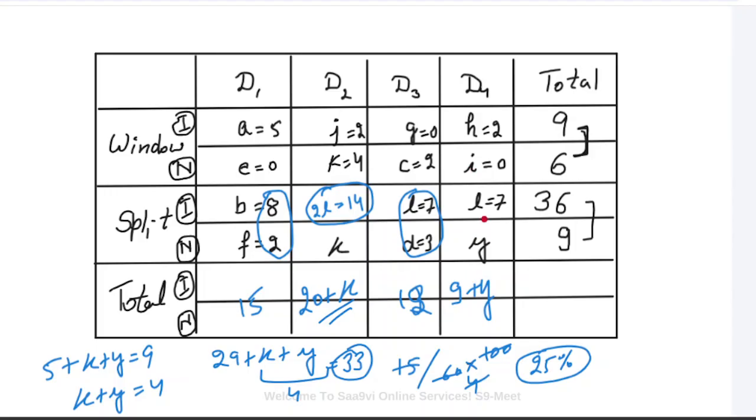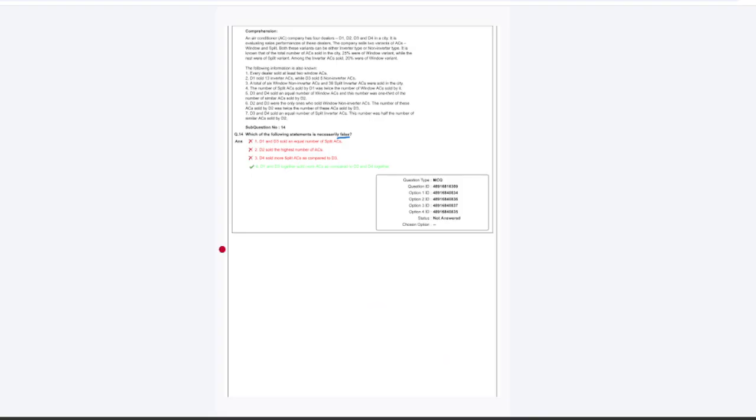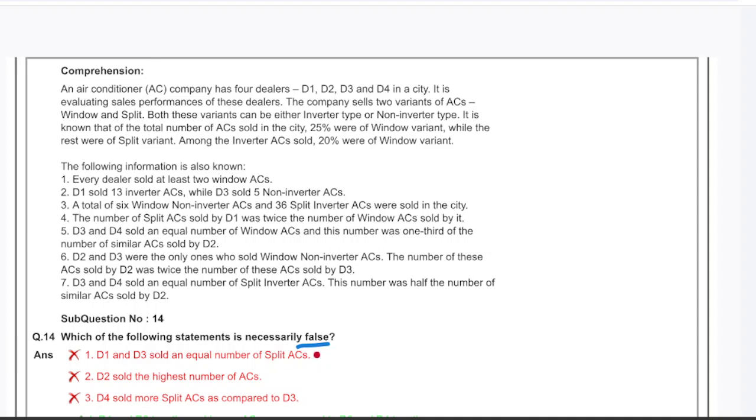Now 7 plus Y and this is 10. We can't be sure about this because Y can be 3 also. And they said necessarily false.